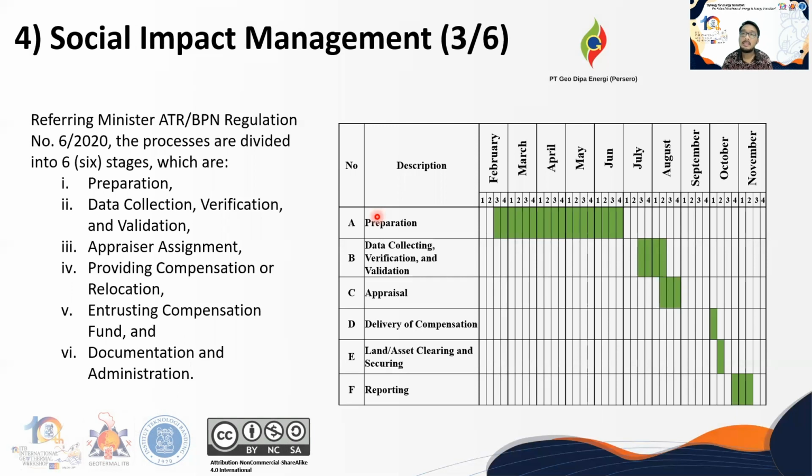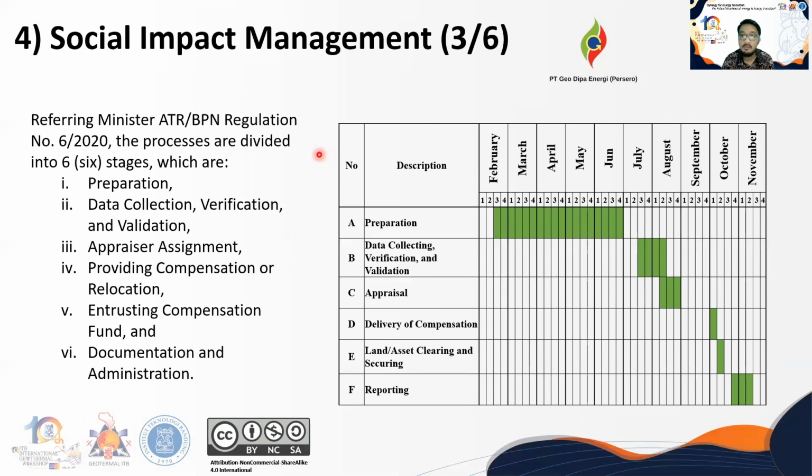Referring to the Minister ITR BPN 6/2020, the process is divided into 6 stages. Starting from the preparation, the data collection, verification, and validation, the appraiser assignment, and providing compensation or relocation. Fifth is entrusting the compensation fund. Last is the documentation and administration of all activities.